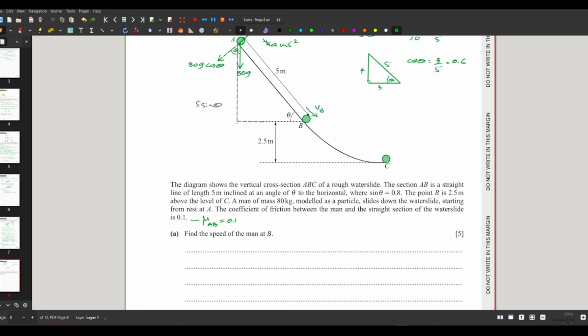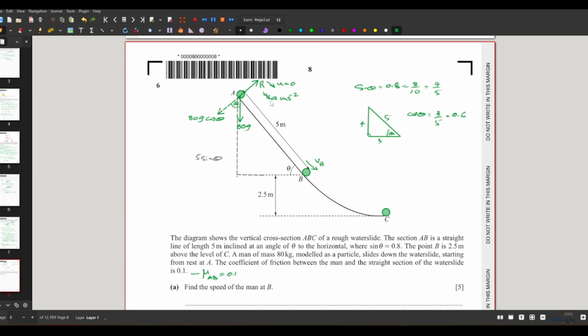Now our target is to find velocity. So if we can find the acceleration of this motion, then we can simply apply, how long it traveled. He traveled along this slide. So it's 5. So you know the displacement.